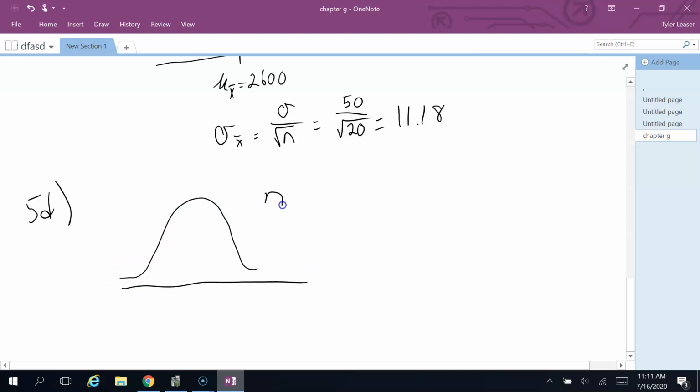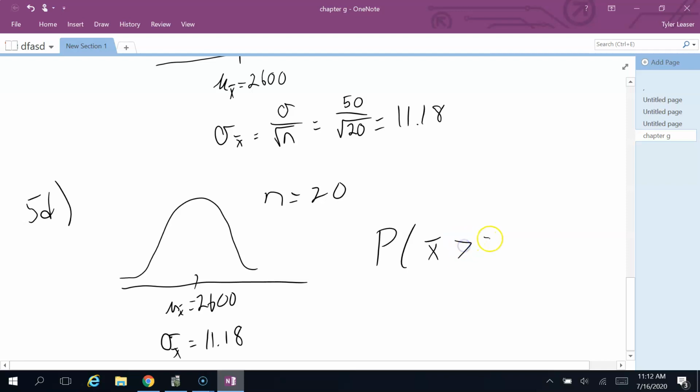I'll just write it out here. So this is the sampling distribution of size 20. The mean of the sampling distribution is at 2,600. The standard deviation of the sampling distribution was that 11.18 that we found. We are asked to find the probability that the average of those 20 women that we grab at random is more than 2,625.